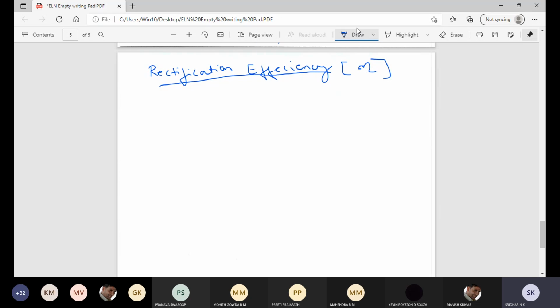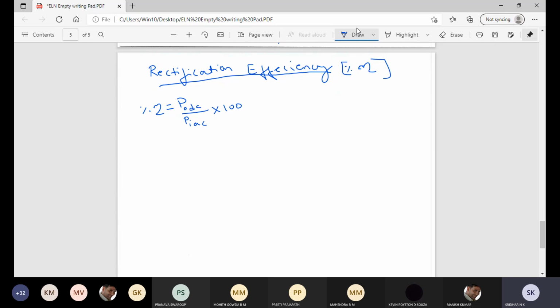Always it is represented as a percentage. It is given by the formula: percentage of efficiency is equal to P output of DC divided by P input AC, into 100, because it is a percentage. You know that. So we'll move on with half wave rectifier and full wave rectifier.